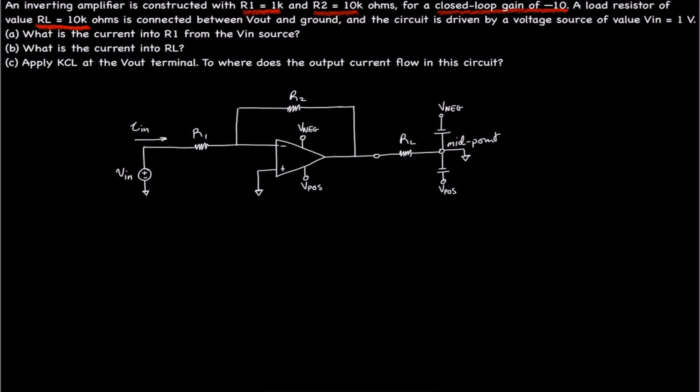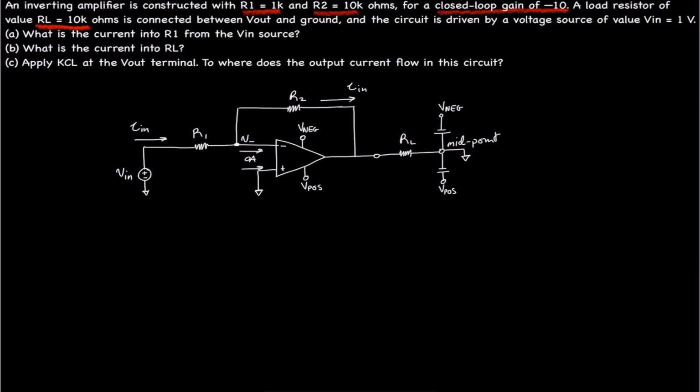In this case, we know that the current Iin flows from the Vin source. We know by virtual short that I minus and I plus are equal to 0 amps. Also, since no current flows into the V minus terminal, we know that Iin is equal to the current flowing through R2, IR2.